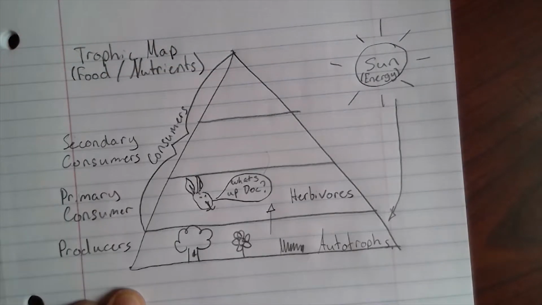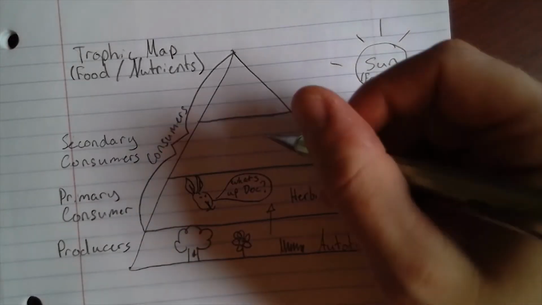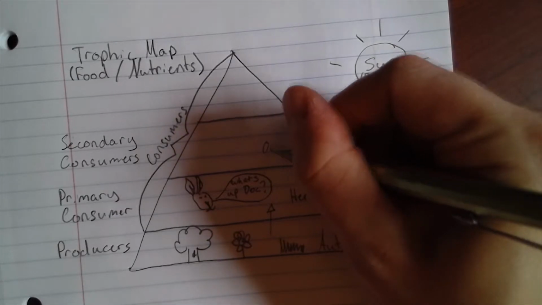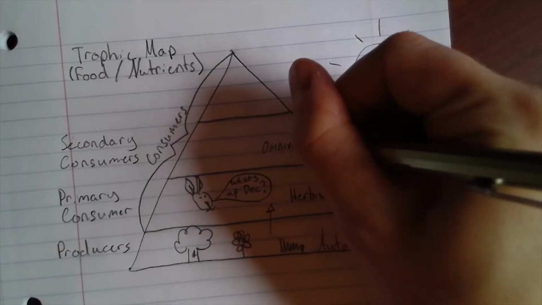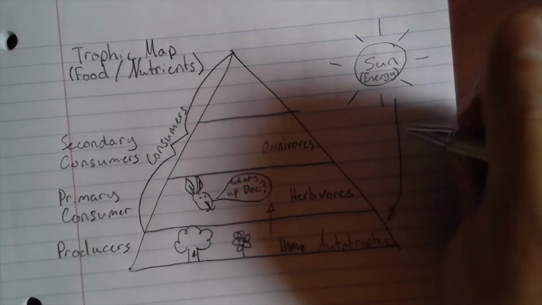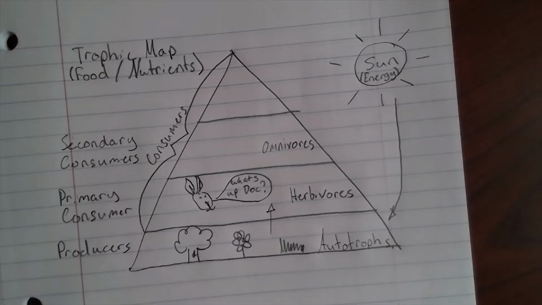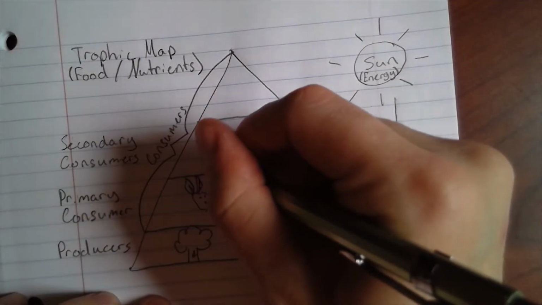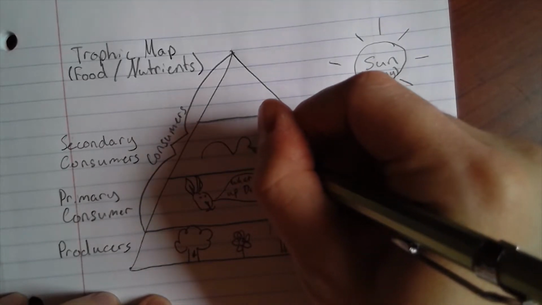The next level on our pyramid, remember, these are still consumers, and these are called secondary consumers. These include animals that can eat other animals. So they eat meat, but in addition to that, they also eat plants if they have to or want to. That means that they are called omnivores, meaning they eat meat or plants.